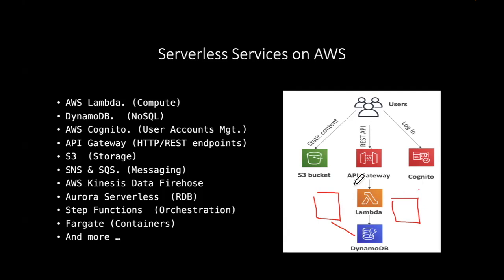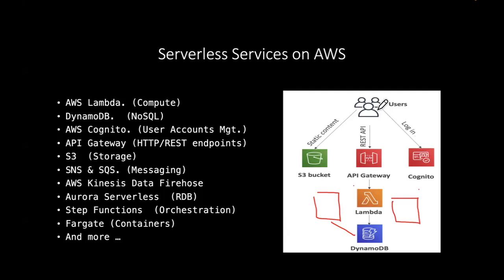We will be developing this over the next couple of weeks. On the right here, I'm representing the Cognito service. The Cognito service will take care of user logins, authorization and authentication.